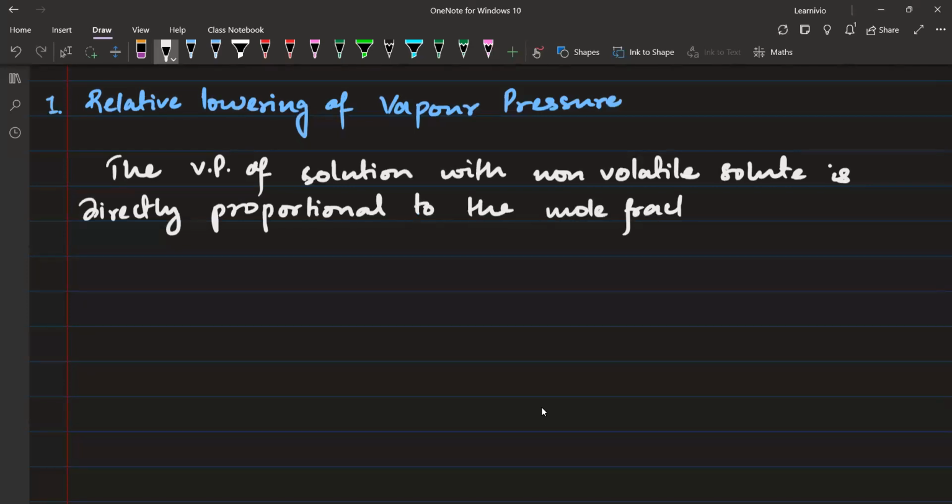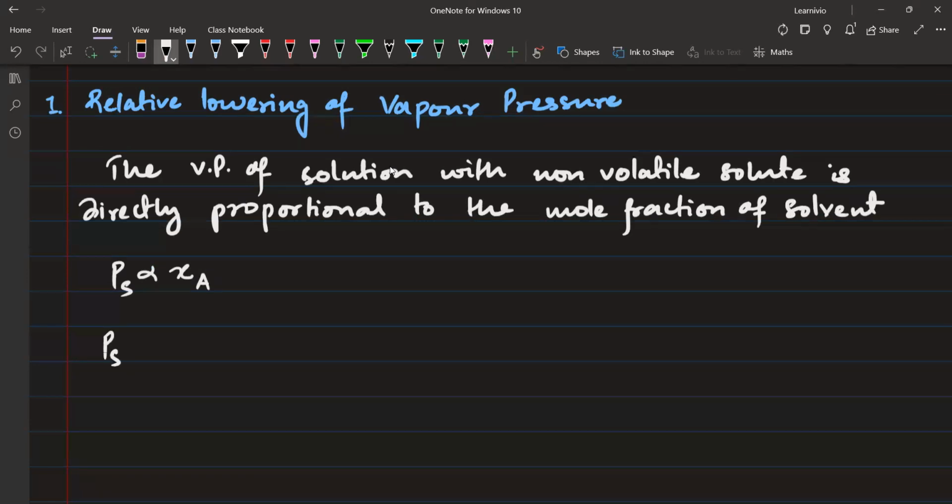The mole fraction of solvent, because only the solvent is going to have the escaping tendency, not the solute. So the pressure of the solution is directly proportional to the mole fraction of solvent.